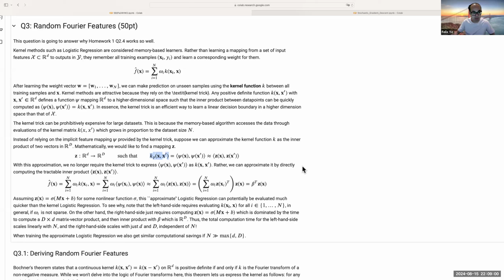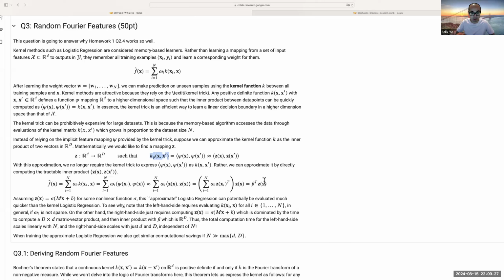Instead, we can approximate it directly and compute the inner product of Z(x) and Z(x'). What that means is we can transform our predictions from the sum over K(x_i, x) into this form with Z(x_i) and Z(x) right here. So this can be written in this form right here.